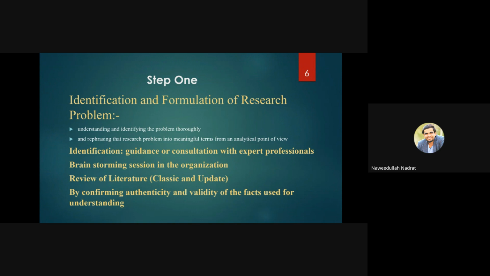Then of course you have to incorporate the updated dimension on that area as well. So there has to be a balanced combination between classic studies and updated studies, so that you can understand what concepts and terminologies have been rejected through this process.